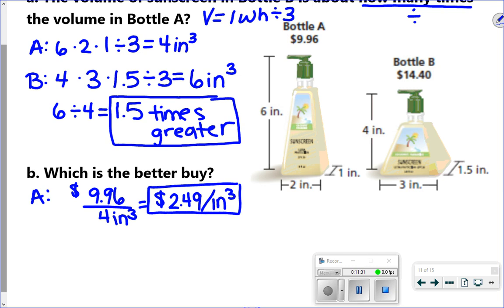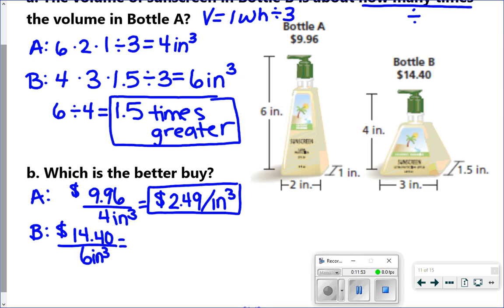Now I'm going to do the same thing for B. So my price for B is $14.40 and my volume was 6 cubic inches. So I'm going to divide that out to get my unit cost.